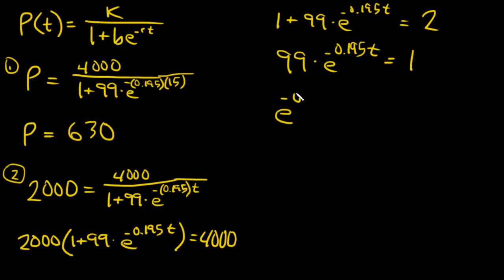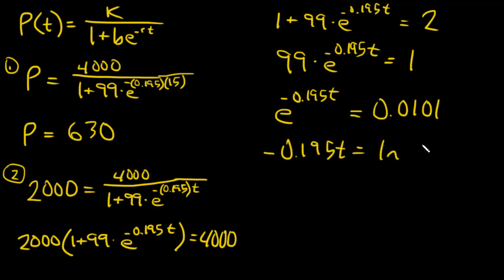E to the negative 0.195 t is equal to, divide that out, I get 0.0101, and then take the natural log of both sides, and I'm going to wind up with negative 0.195 t is equal to the natural log of 0.0101.